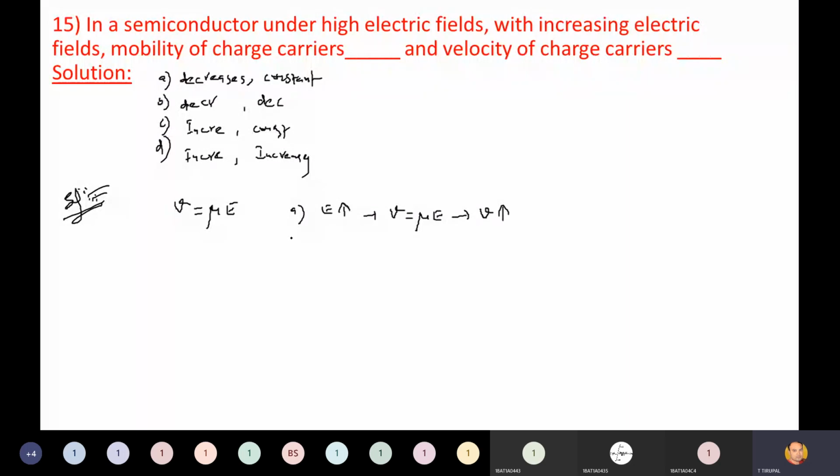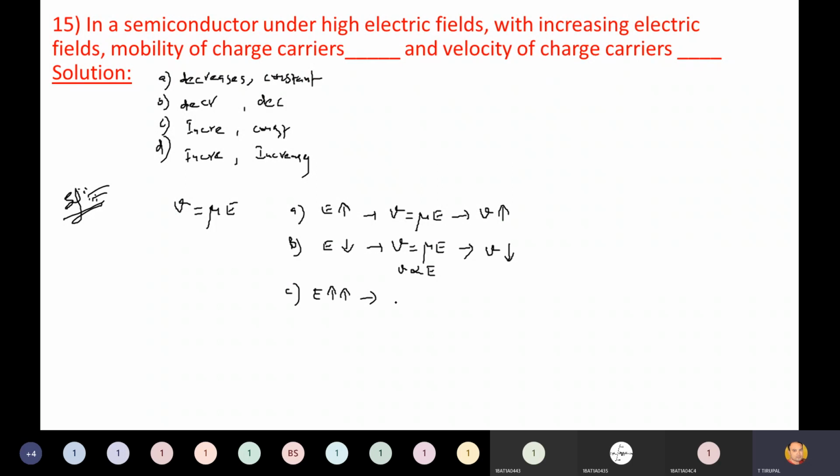Second point, electric field is decreasing. V is directly proportional to E, so drift speed also decreases.